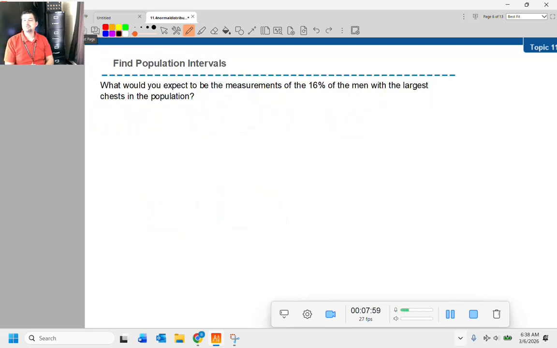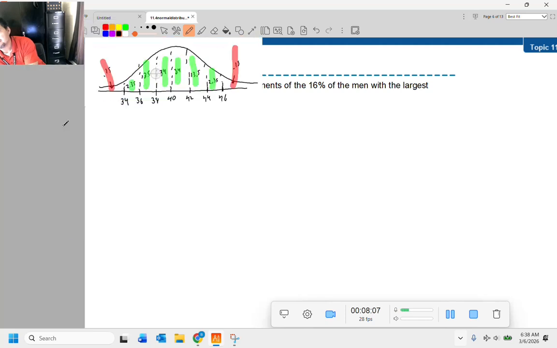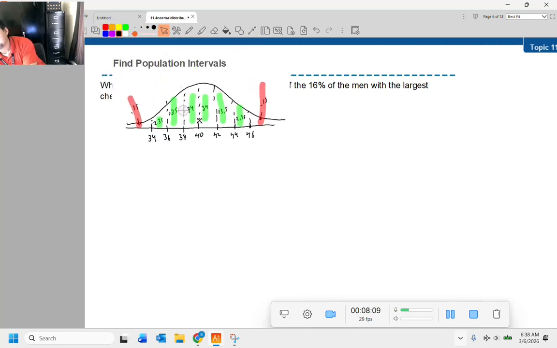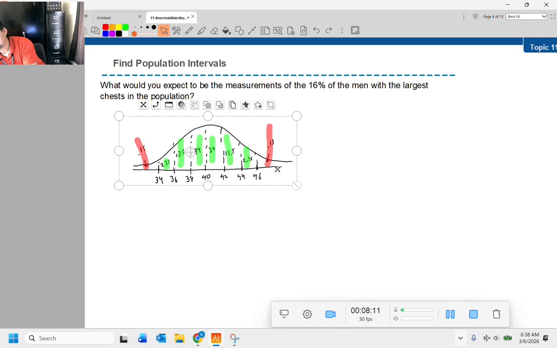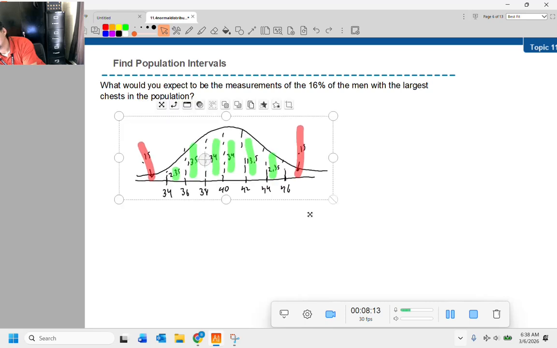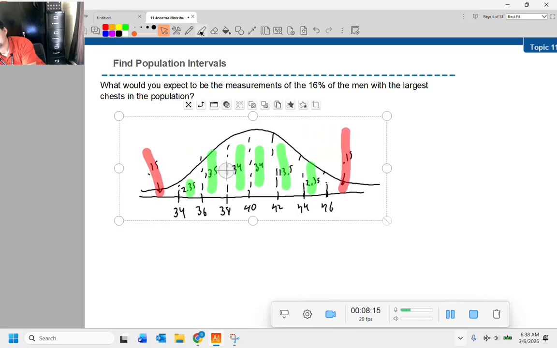All right. What would you expect to be the measurements of the 16% of men with the largest chests in the population? So they want largest here. Well, let's see here. And the number is 16%, right? So that's going to be 13.5, 15.85, 16.